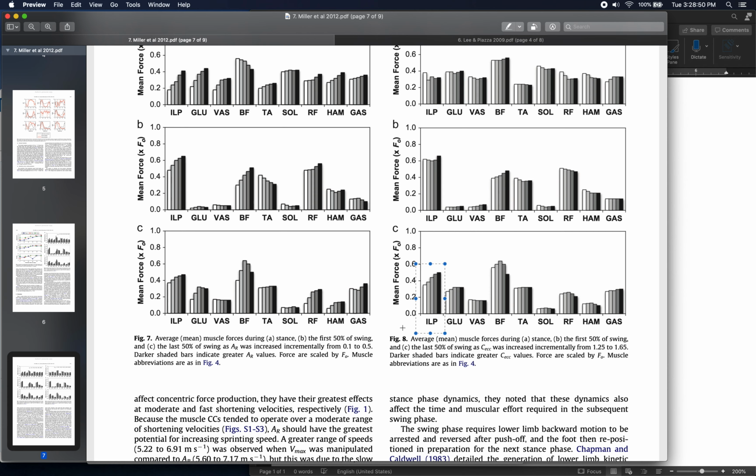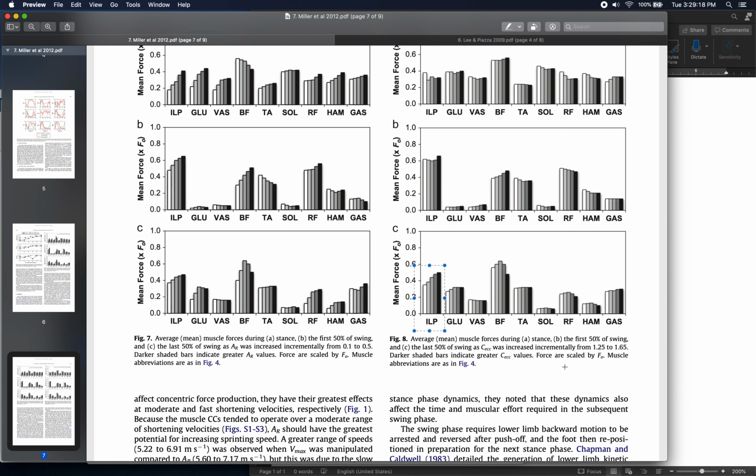So suggesting it was swinging the leg forward more dynamically, or possibly swinging the leg forward with more kinetic energy, but still able to successfully complete the sprinting motion, indicating that the hamstrings here, the other knee flexors in the model, were successfully arresting that motion, even though the iliopsoas was swinging it forward with greater force and probably doing the swing phase faster and with greater kinetic energy.